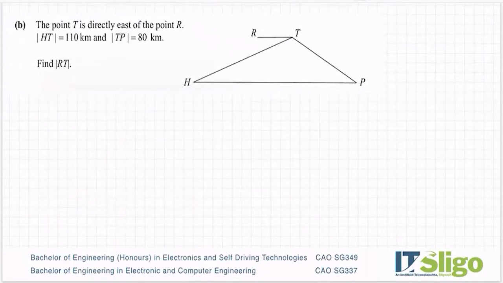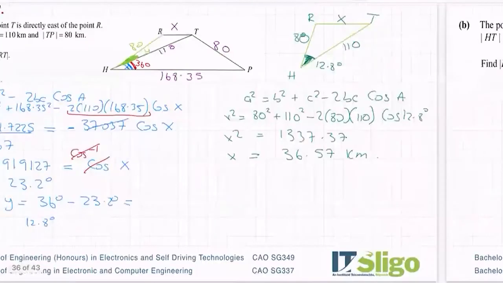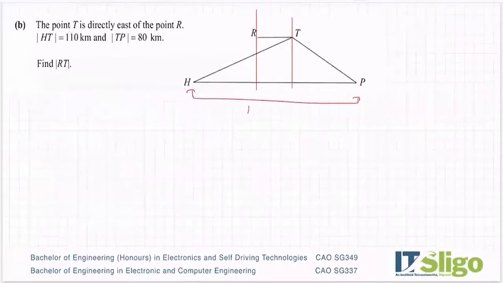So you could drop a perpendicular here at T, and you could drop another one here at R. And the thinking being, we know this whole dimension here is 168.35.